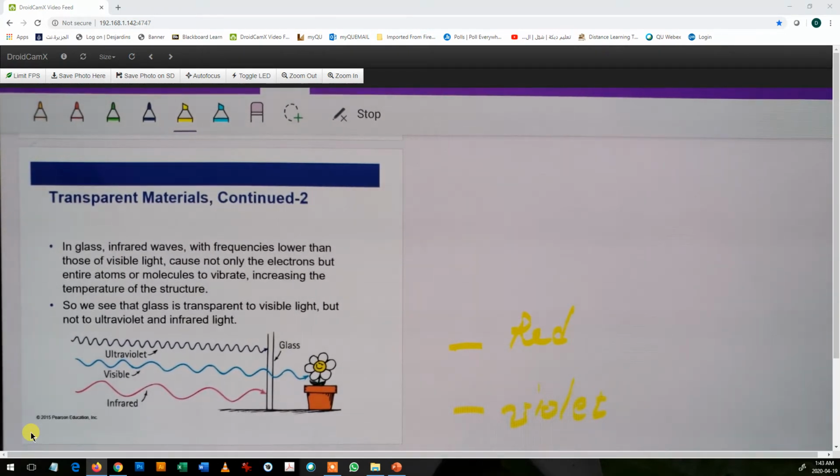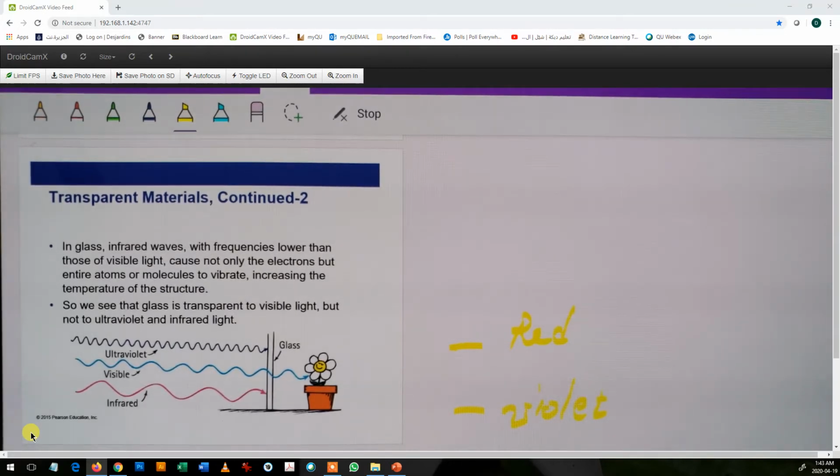However, infrared will be reflected by the glass as a mirror, and ultraviolet will be absorbed by the glass. So although glass is transparent from red until violet, if you shine infrared on the glass, it will be reflected. If you shine ultraviolet, it will be absorbed.